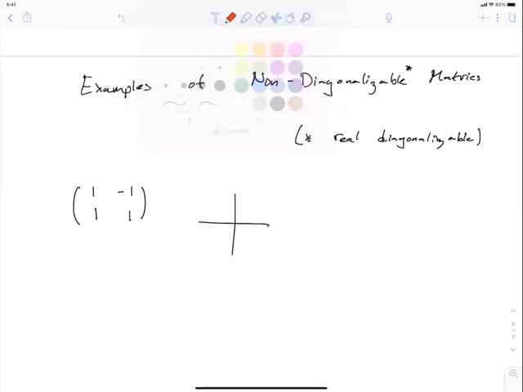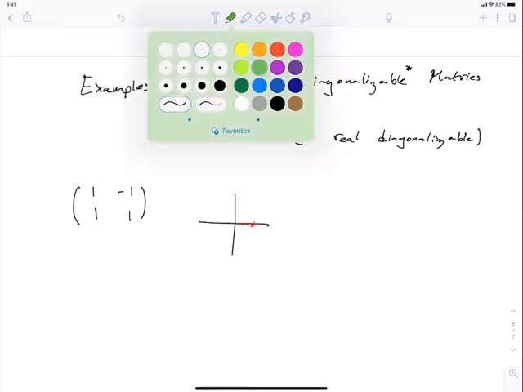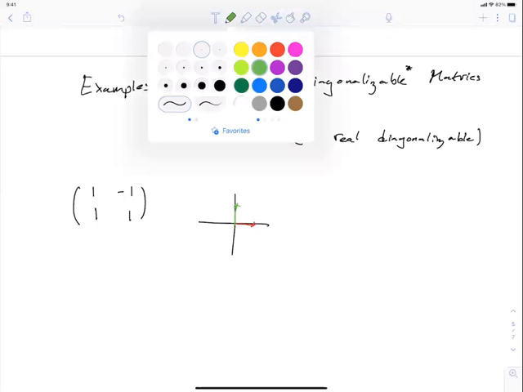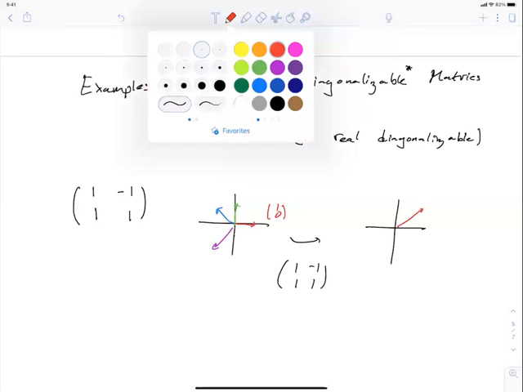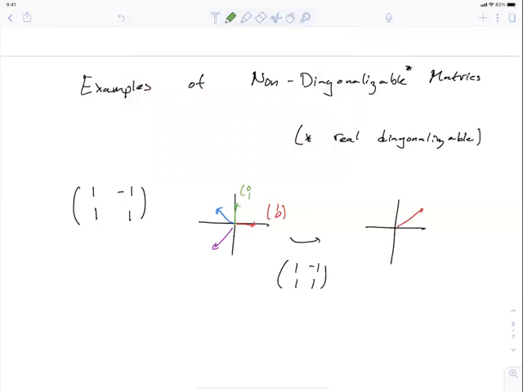We're going to take some standard vectors and maybe some other ones, and ask, what do these do under the transformation [1, -1; 1, 1]? We're just going to graph what these do. The (1, 0) is going to go to (1, 1). The (0, 1) is going to go to (-1, 1).